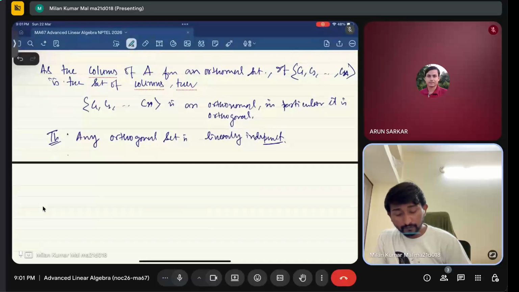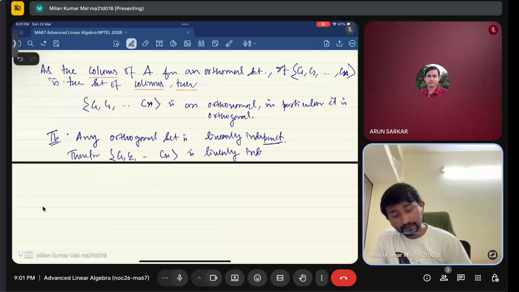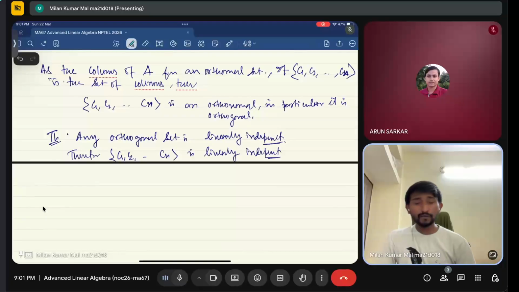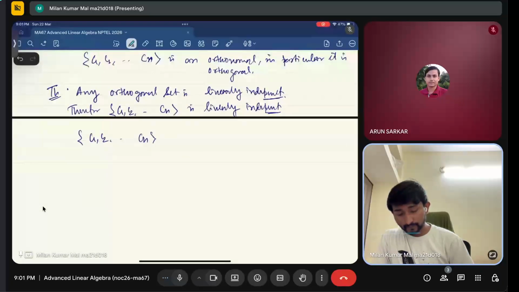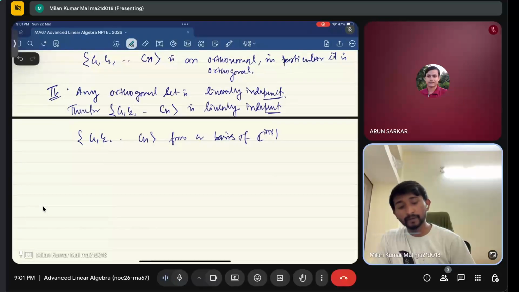So therefore, this C1, C2, Cn is linearly independent. So therefore, this will form a basis of C^(n×1), the column vectors.